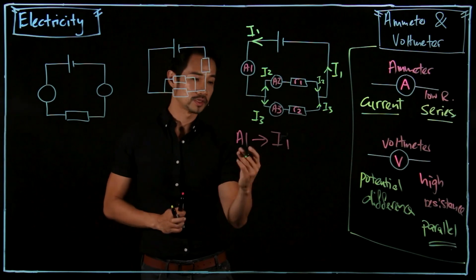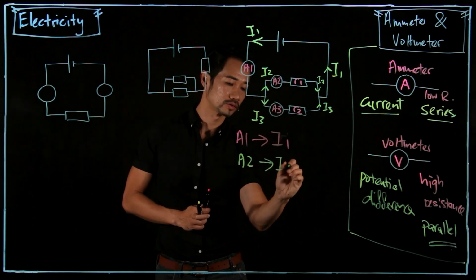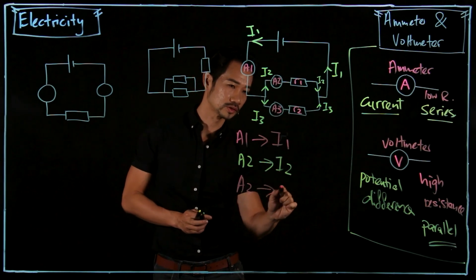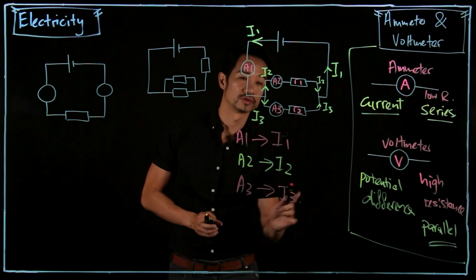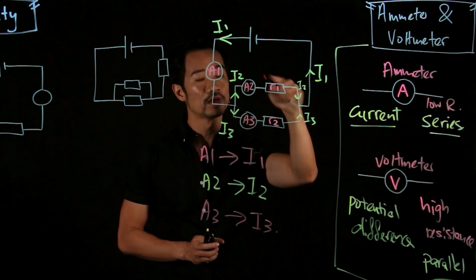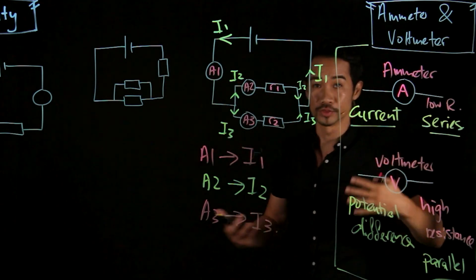Ammeter A2 measures I2. Ammeter A3 measures I3. So you see the ammeter is connected right on the pathway where the current flows through. That's what we mean by connected in series.